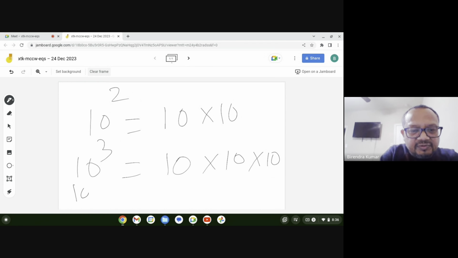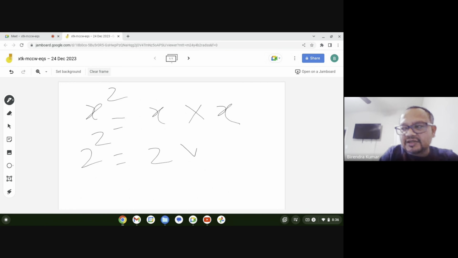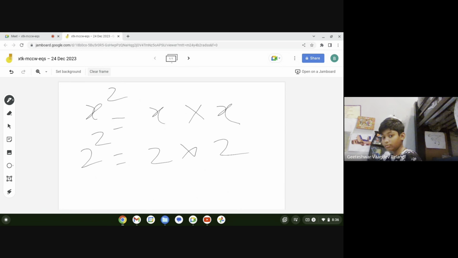If you say 10 to the power 4, that means 10 into 10 into 10 into 10. Likewise, if you say x square, it means x into x. If you say 2 square, that is 2 into 2. I'm just checking if you know these things or not. Yes, I do. I'm learning them right now in Vedic maths.